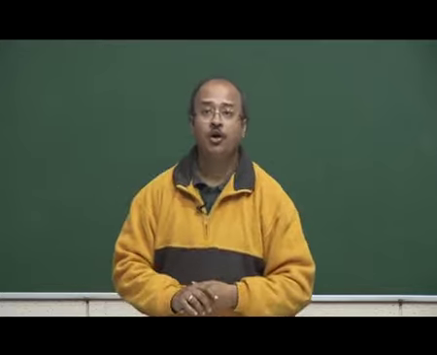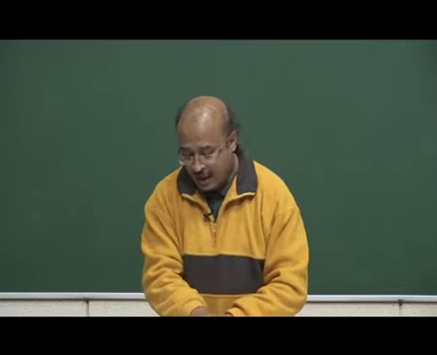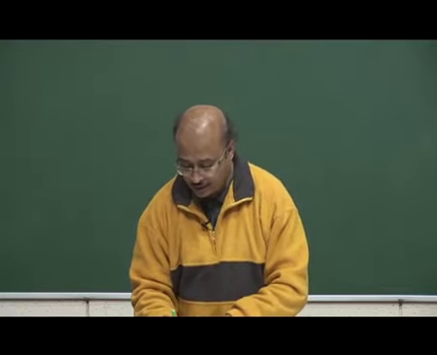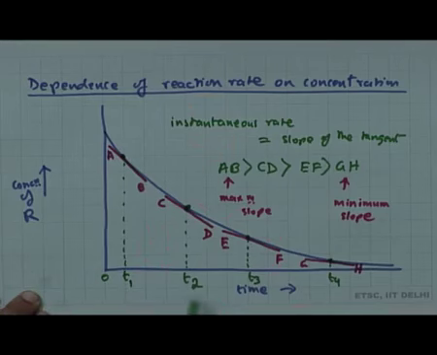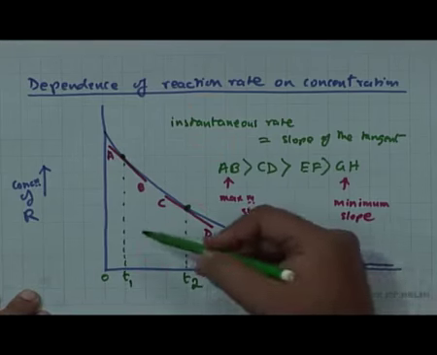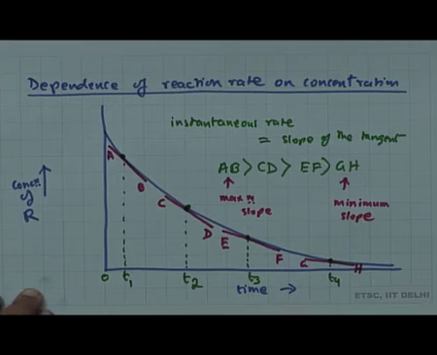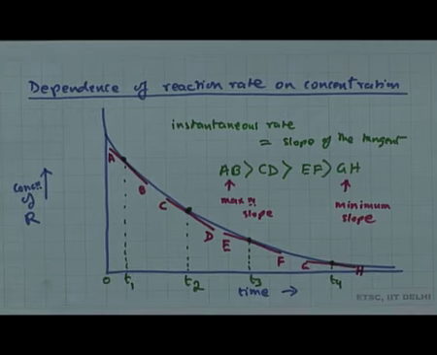What has happened is, as I move from t equal to 0 along the time points t1, t2, t3 and t4, I am losing reactant. That means reactant is disappearing. That means the concentration of the reactant is changing. Because the concentration of the reactant is changing, you can see the instantaneous rate, which is defined by the slope of the tangents, is also changing.